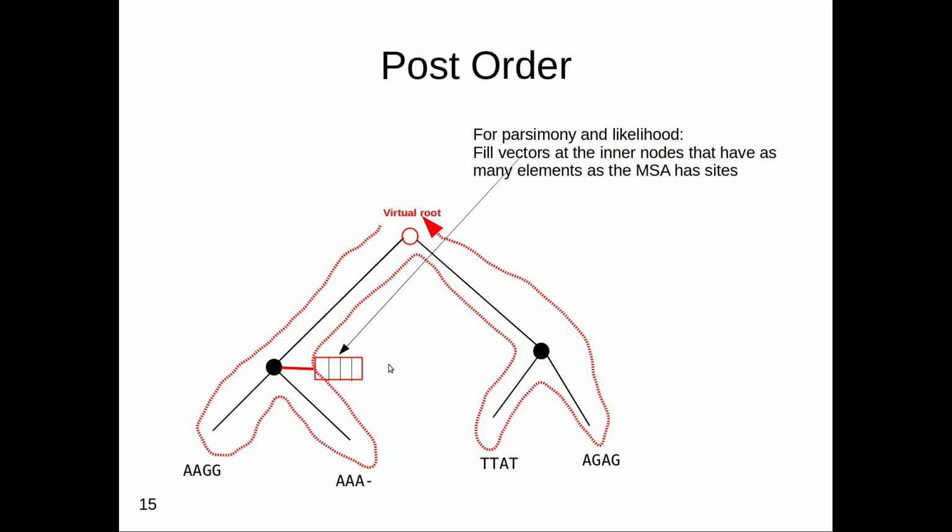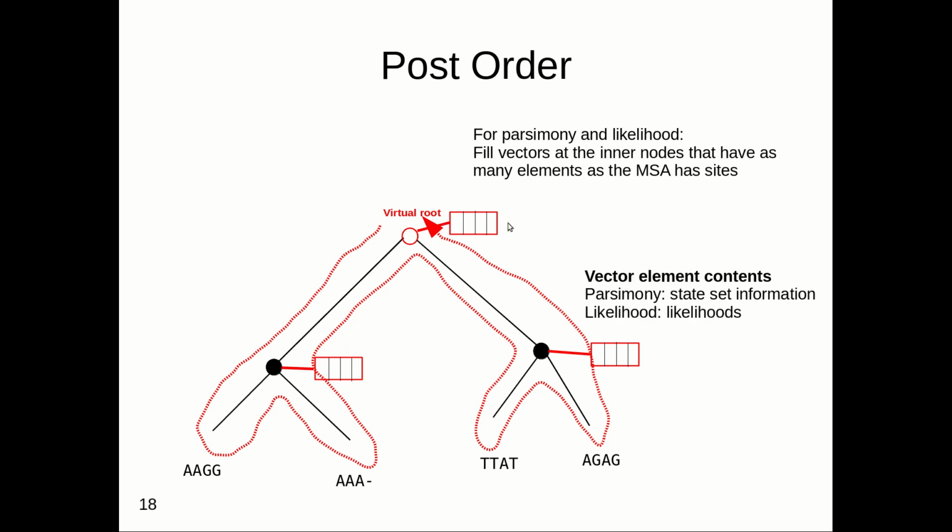This vector that we compute here summarizes the signal coming from the subtree that is located below the vector. Then we do that for the remaining inner nodes in our tree, also in post-order. And then in the very end, we compute an analogous vector at the virtual root of the tree.